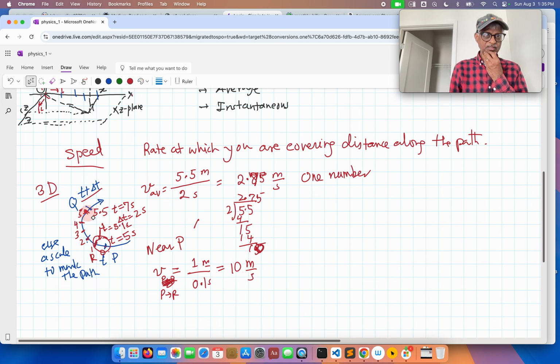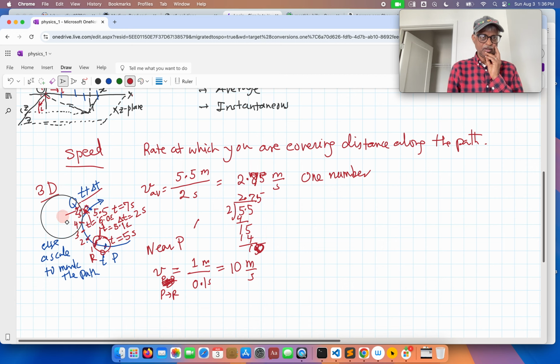Maybe over here it got slowed down, and this last half a meter it covered took a long time to cover. Maybe at this point t was not 7 seconds but 6 seconds.